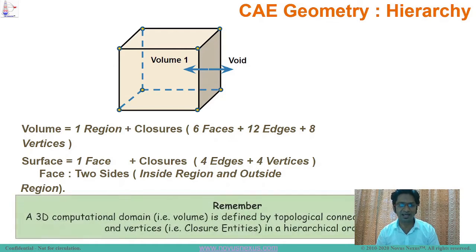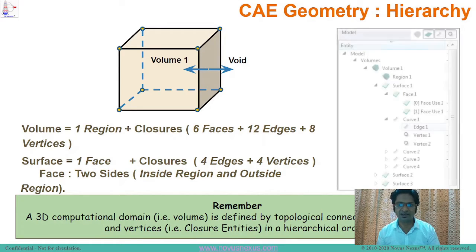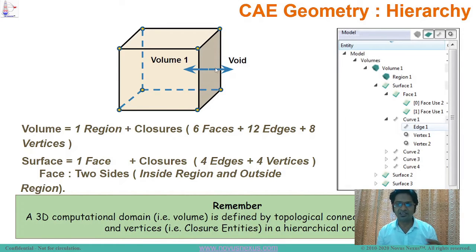Remember that any computational domain we can topologically define with the help of region, faces, edges and vertices. So every CAE geometry can be defined with topological connection of your region, faces, edges and vertices.